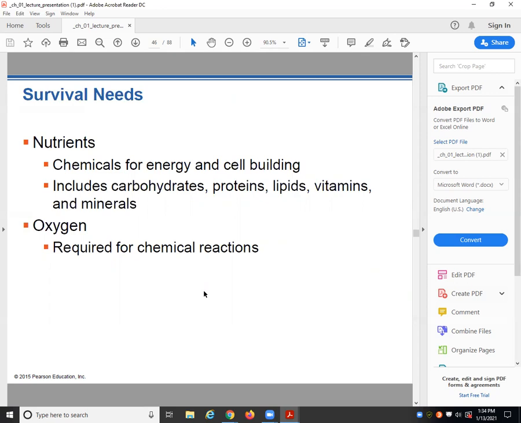Those include things like carbohydrates, proteins, lipids, vitamins, and minerals. Don't worry, we have a whole chapter on that, so like I say, you don't have to write down all the details. Oxygen, you need oxygen for some chemical reactions. Nutrients and oxygen.